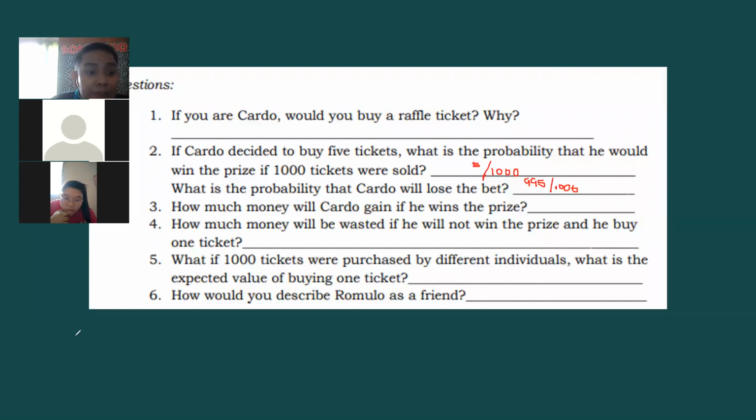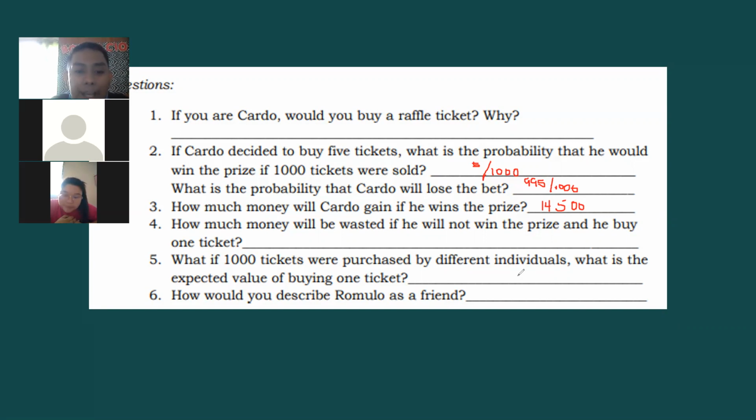Kasi, yes, 15,000 yung premyo natin. Pero may tinaya kang 500. Ibig sabihin, meron kang puhunan ng 500. So, ang kikitain mo na lang kapag nanalo ka ay 14,500, kasi nabawas na natin yung 500 na itinaya mo.